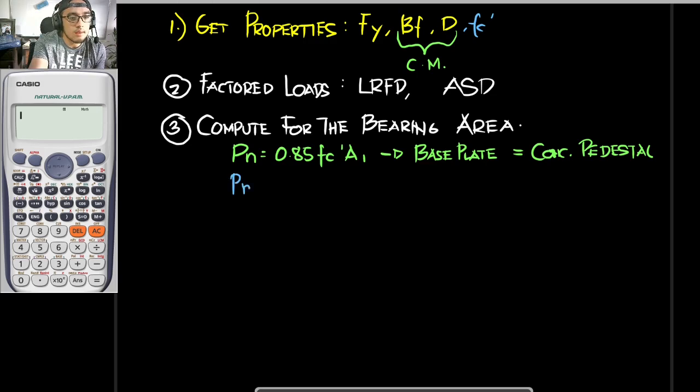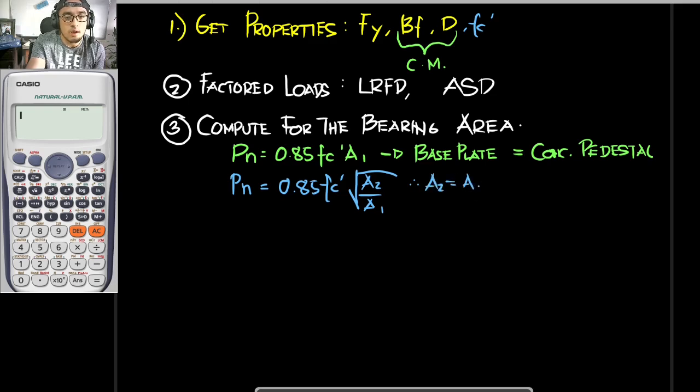So, Pn is equal to 0.85 Fc prime times the square root of A2 over A1, where A2 would be the area of the concrete pedestal, so A conc P, and your A1 would be the area of the base plate. Palakihin ko na nga lang para hindi kayo malito.